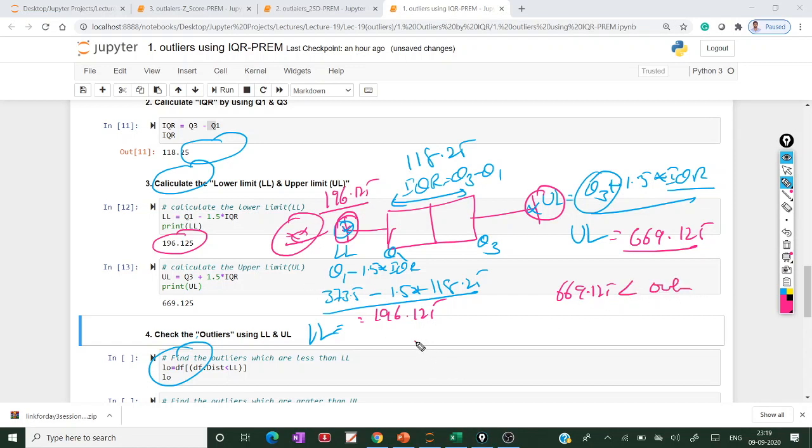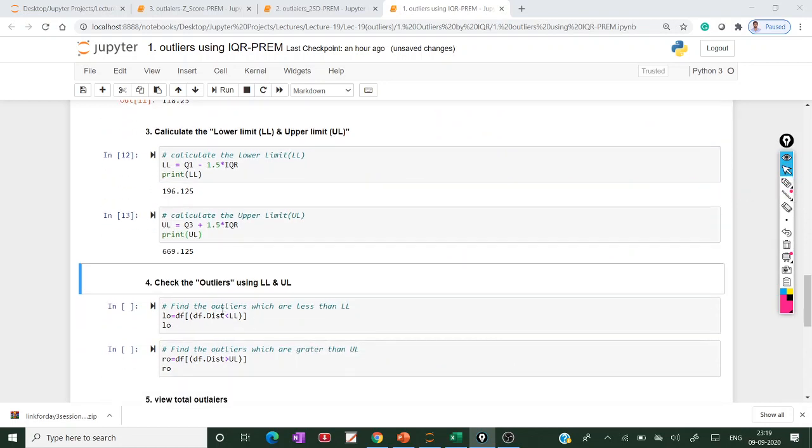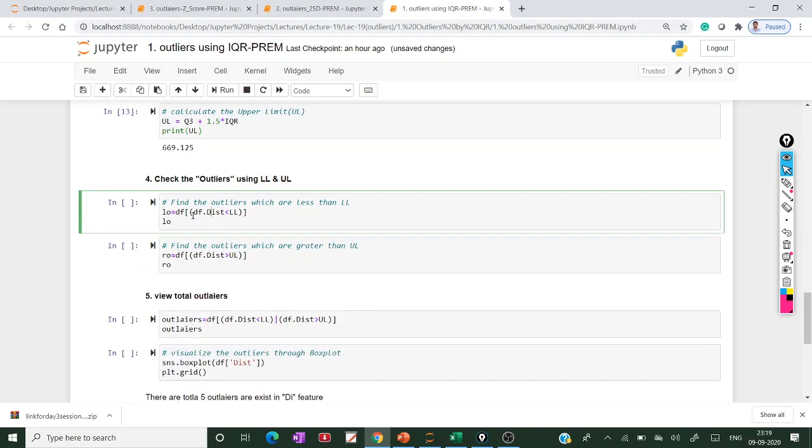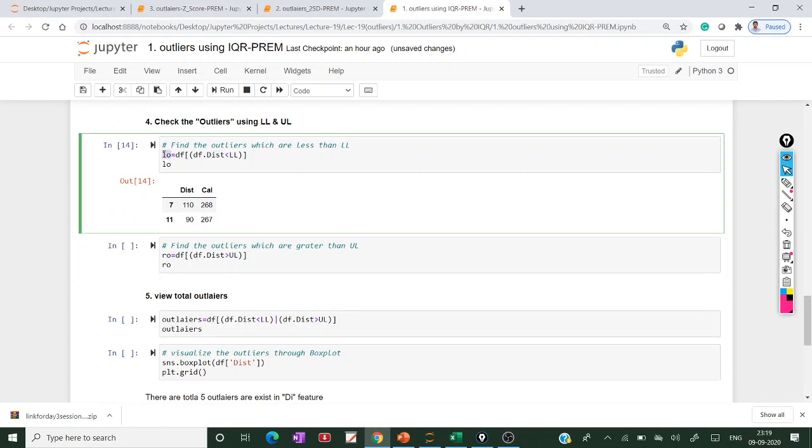So check the outliers. Here we are using df.dist less than LL. I am creating one object named LO, which means left-hand side, left outlier.